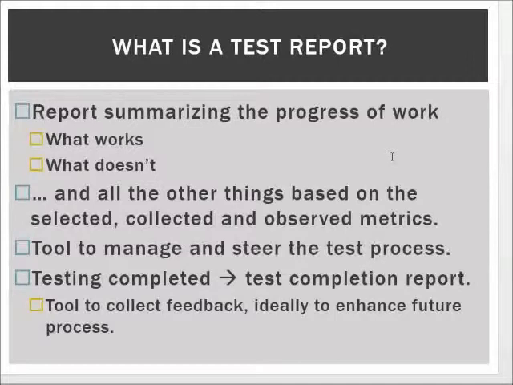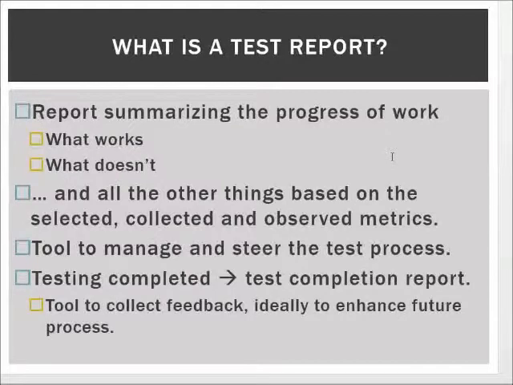going towards the right direction. When we are done with the testing, our exit criteria is fulfilled, then we fill out the final report, which is also called the test completion report.